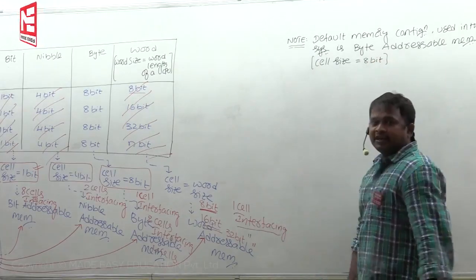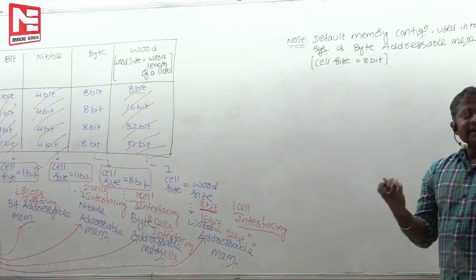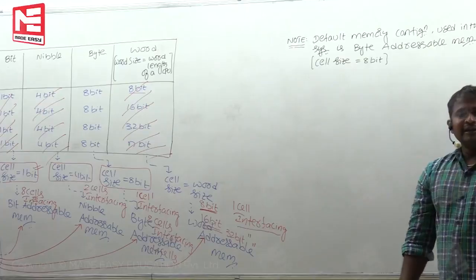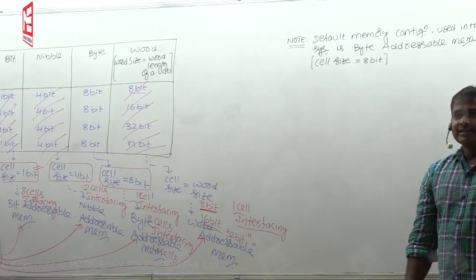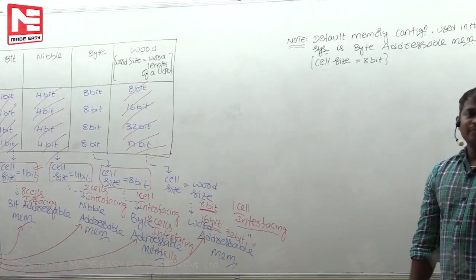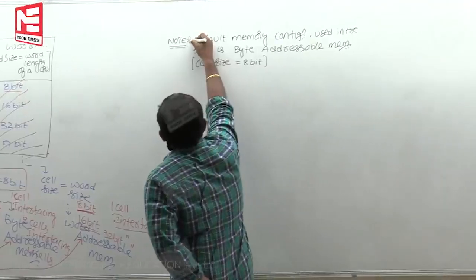Okay, but some students interpret it like this: byte addressable memory means address size is 8-bit. No, that is wrong. In byte addressable memory, the address size need not be 8-bit. Cell size must be 8-bit. Is it okay? Now, this is the first note.